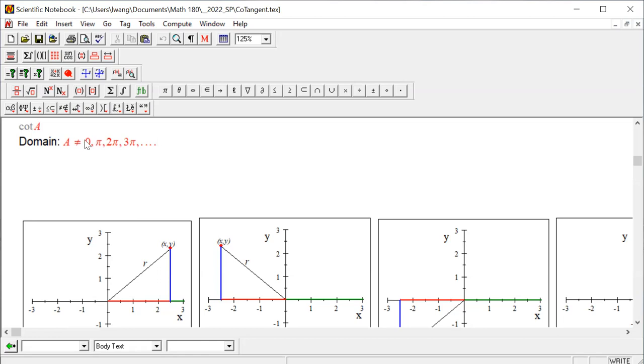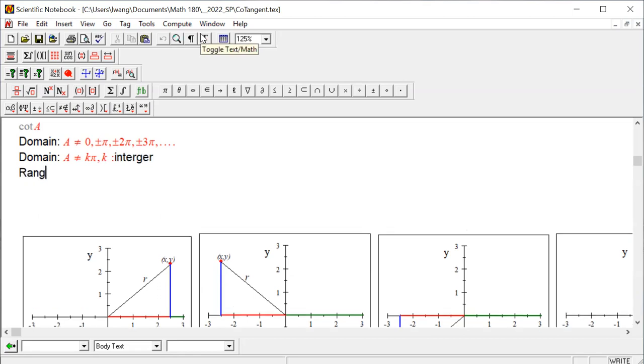So what is the common pattern? It cannot be plus or minus multiples of pi. So the angle cannot be any multiple of pi, k pi, where k is any integer.